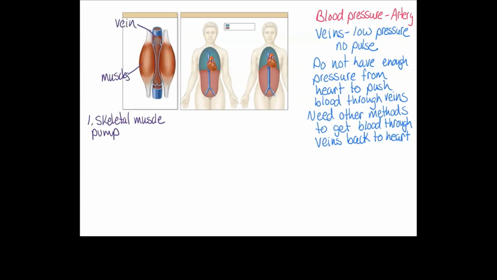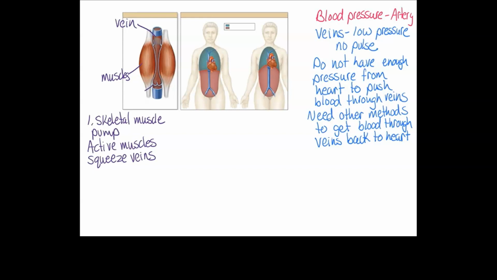So in this picture, you can see a vein being squeezed between two muscles. It's kind of like squeezing a tube of toothpaste. When the muscles squeeze the veins, they force that blood to move.